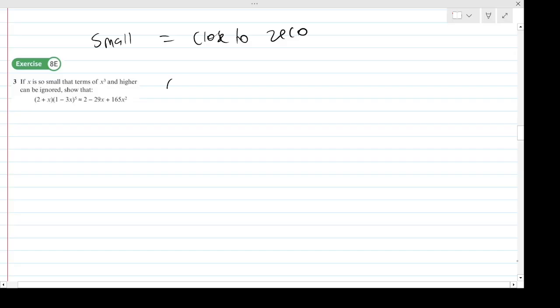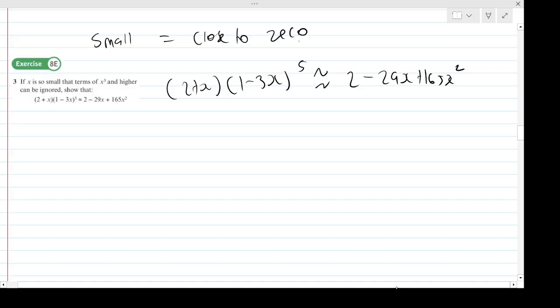Show that 2 plus x times 1 minus 3x to the power of 5 approximates to 2 minus 29x plus 165x squared. Okay, so it's pretty similar to some of the examples we saw last time with double brackets, and we needed to expand that.